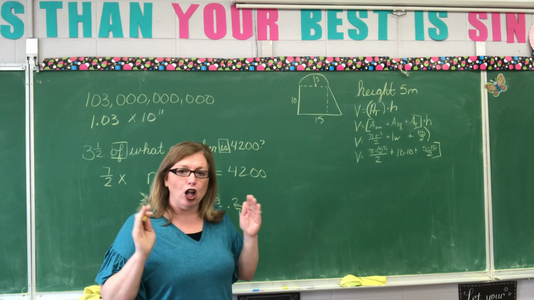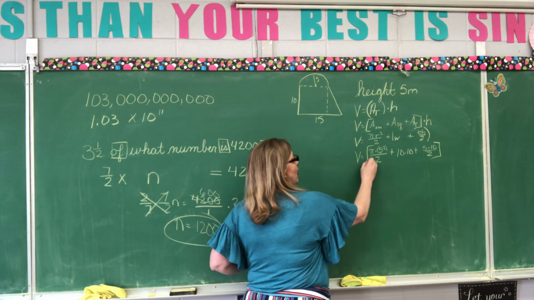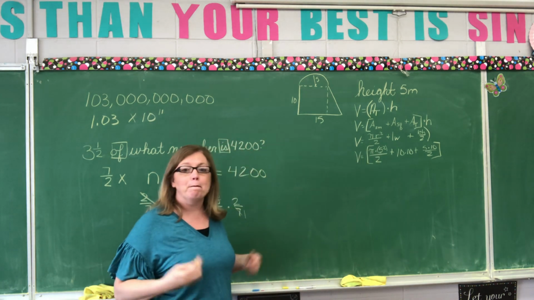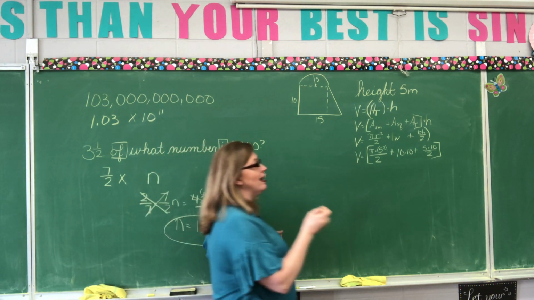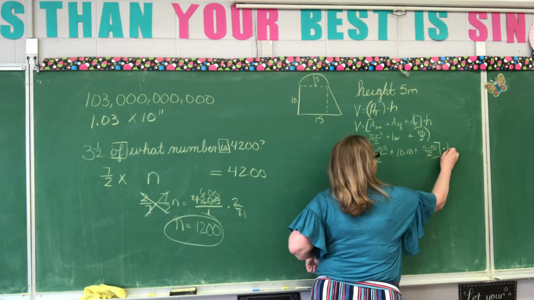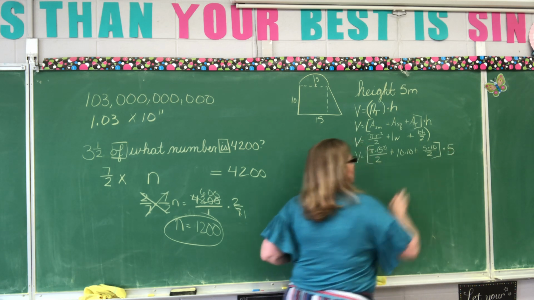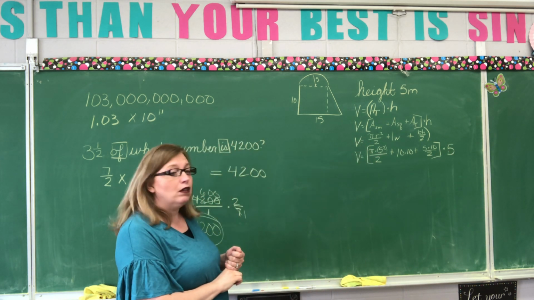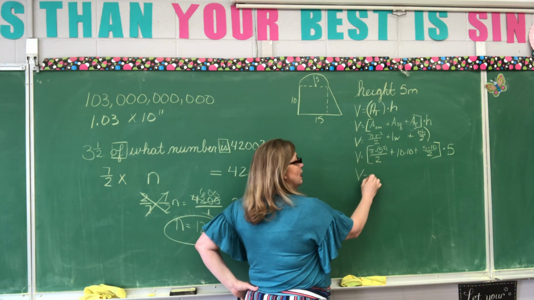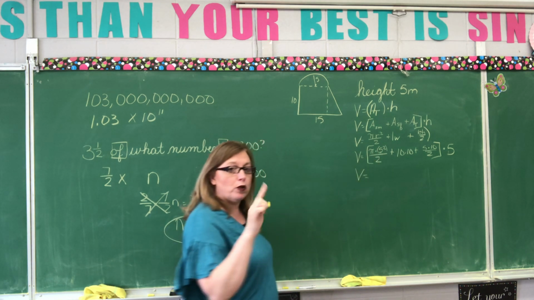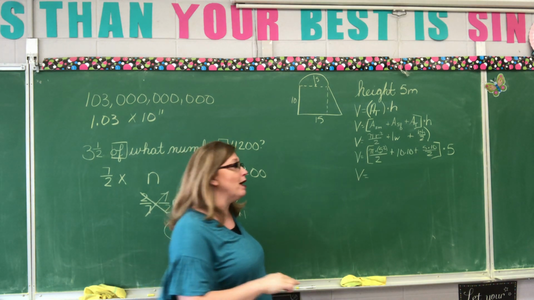Once we've done all of these things inside our brackets, we're going to do what? Multiply it by the height. The height was told to us in our story problem. It's a height of 5. All right, so now let's go through this. The volume equals pi times 5 squared, which is 25, divided by 2.